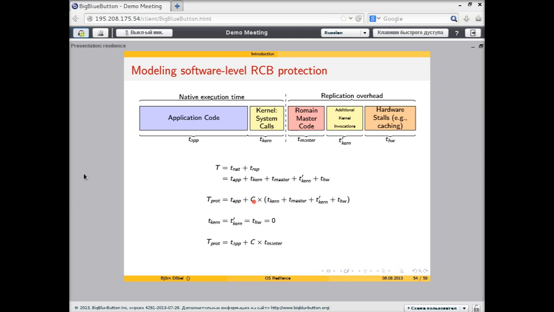Then we make some assumptions. We simply assume that the time spent in hardware is 0. We are aware of the fact that caching might be a problem, but for now we just ignore it and factor the overhead into the other three parts, so that we can say this is the worst case estimate.